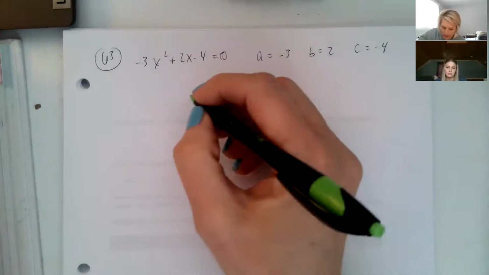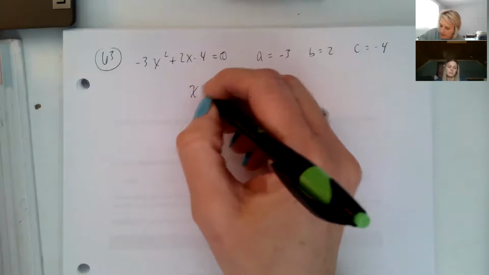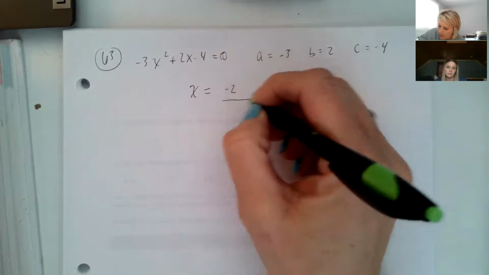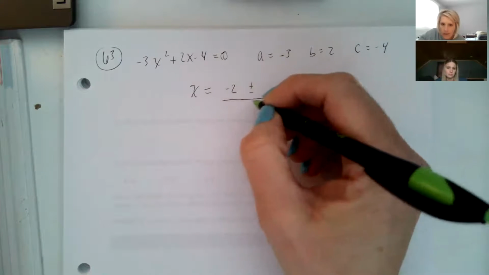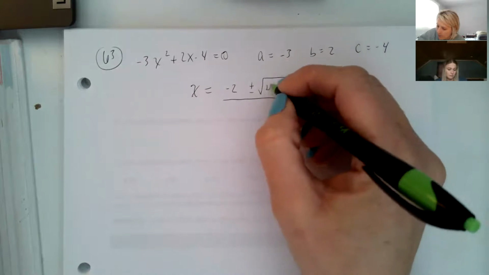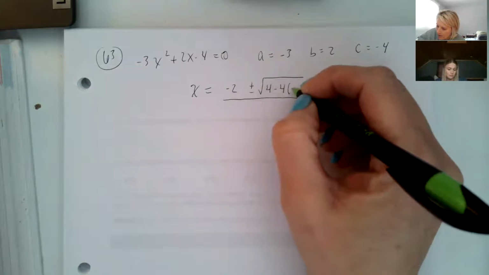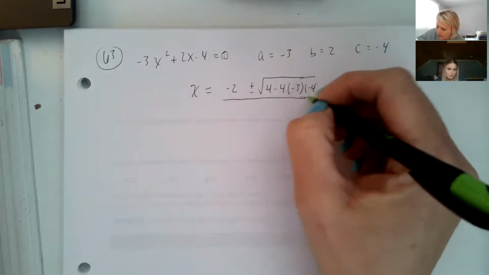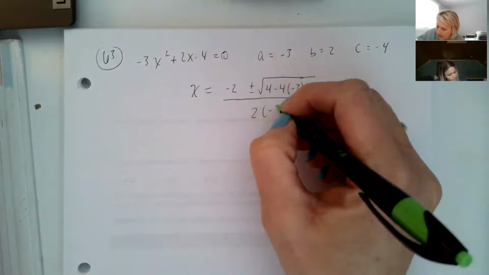And that means our zeros would be the opposite of b, so negative 2 plus or minus the square root of b squared, which is 4, minus 4 times a times c, all over 2a.